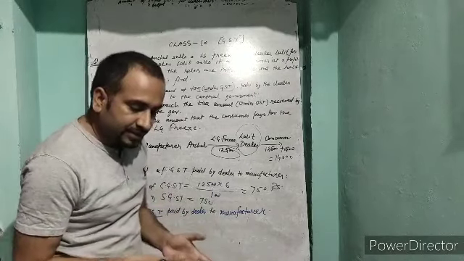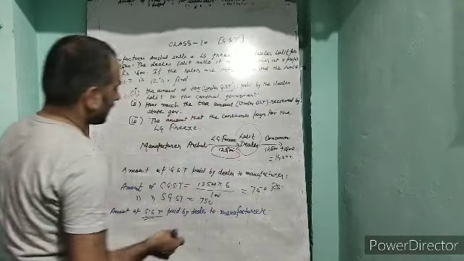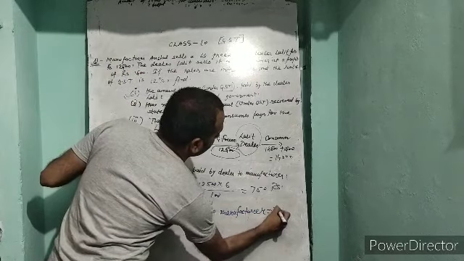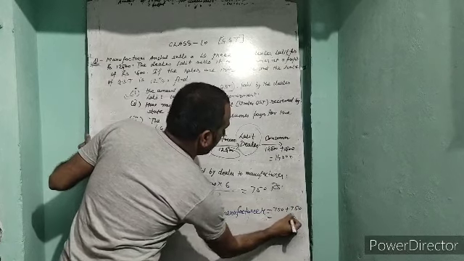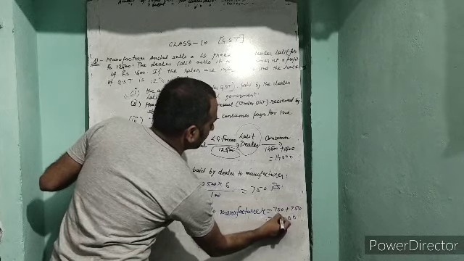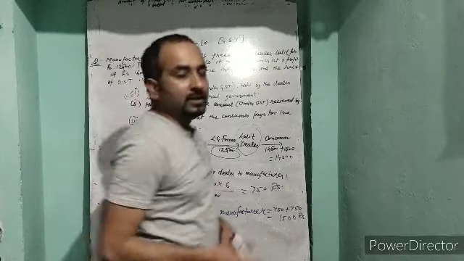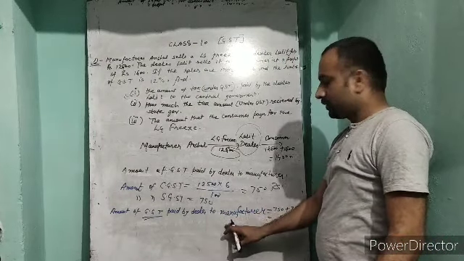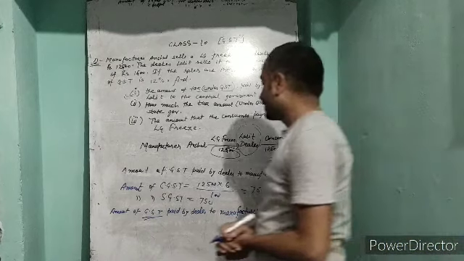That means this GST is collected by the manufacturer, and the dealer will pay it on 12,500. So it is 750 plus 750, which is 1500 rupees. This is the amount of GST paid by the dealer to the manufacturer, and this amount is collected by the manufacturer.